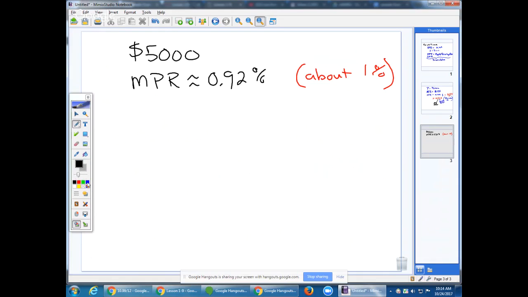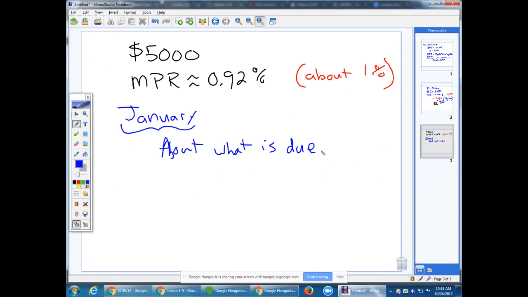If we want to know what happens in January here, then the simple interest formula says, well, January is 1 month, so you apply the monthly periodic rate. So we want to know about what's due in January. And just pay attention in the worksheet.